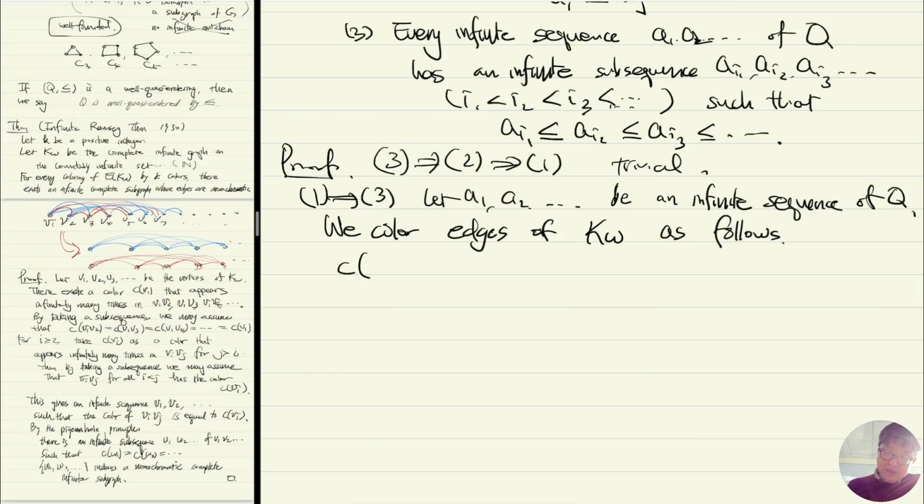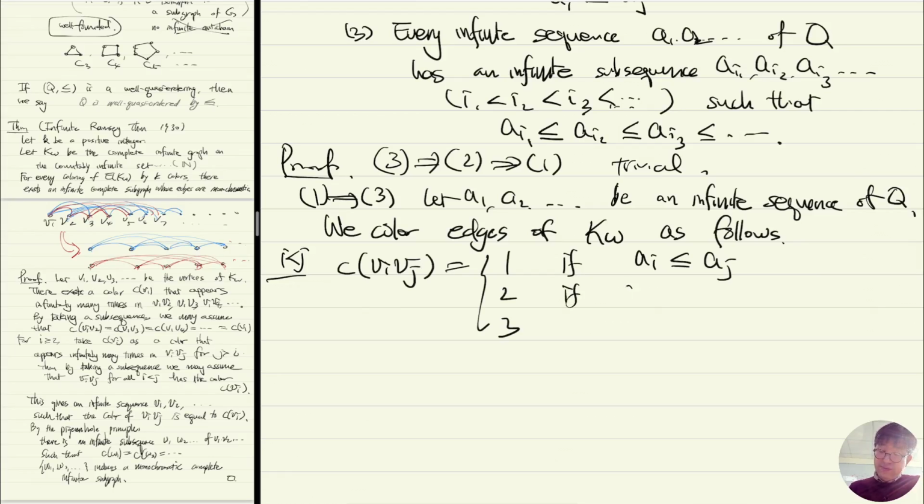The color of (v_i, v_j) is 1, 2, or 3, so you have 3 colors. When is it 1? If a_i is less than or equal to a_j, then it's 1. It's 2 if a_i is not less than or equal to a_j, but a_j is less than or equal to a_i.